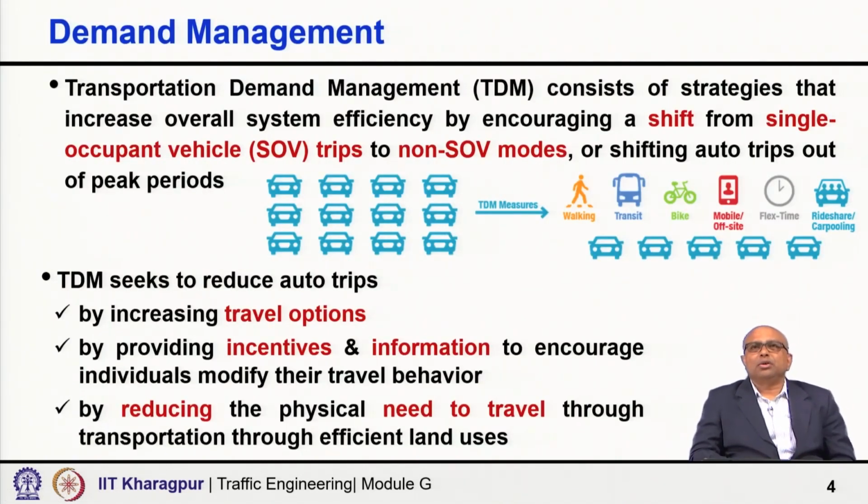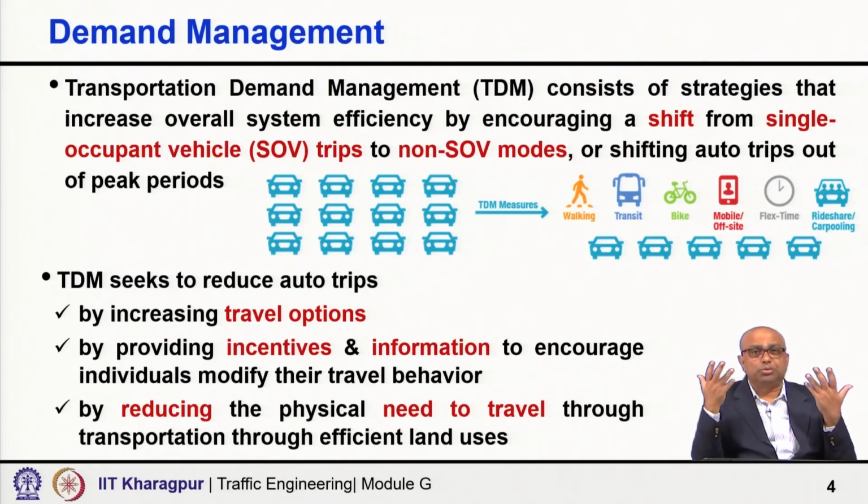Transport demand management consists of strategies that increase the overall efficiency by encouraging a shift from single occupancy vehicles to non-SOV modes, non-single occupancy vehicles, or shifting auto trips out of the peak period. That means the basic objective is to ensure that with the available infrastructure and facilities, we can produce better efficiencies.